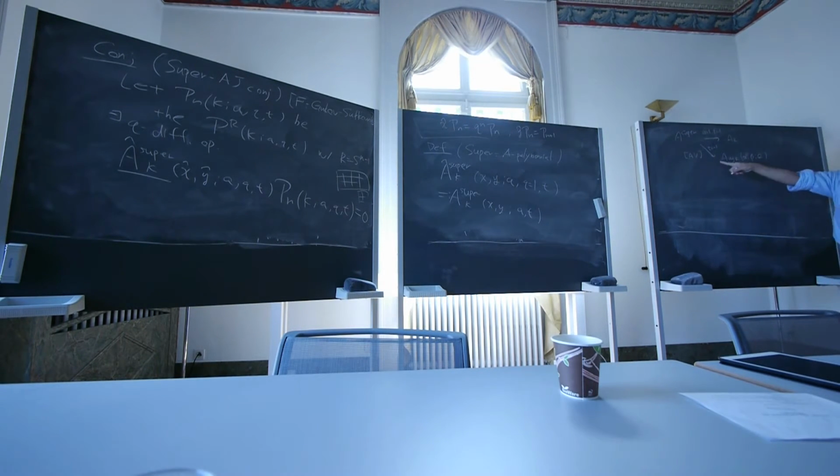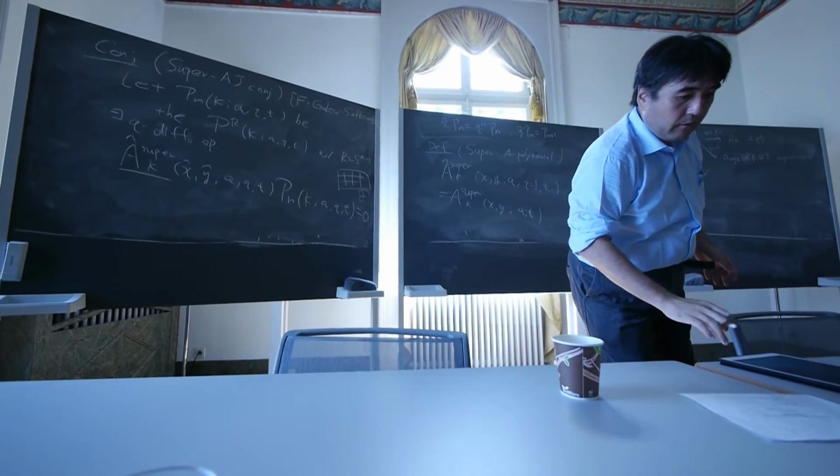To find such a polynomial, we have to make a change of variables. But essentially, as character varieties, these two varieties are believed to be equivalent. So in such a way, the super-A-polynomial is related to known polynomials. This is the A-polynomial, and this is the augmentation polynomial. And I think, oh, time is up.